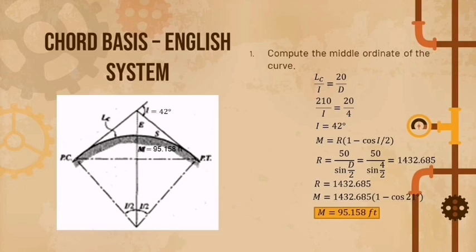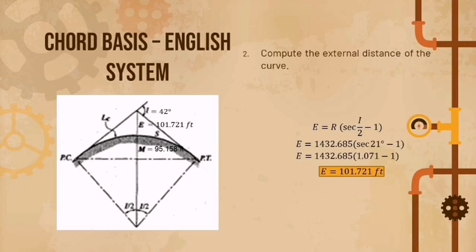Our degree is 4 degrees, and substitute that to the formula and we will get the answer of 1432.685. After getting the radius, substitute it to the formula and we will get the middle ordinate, which is 95.158 feet.